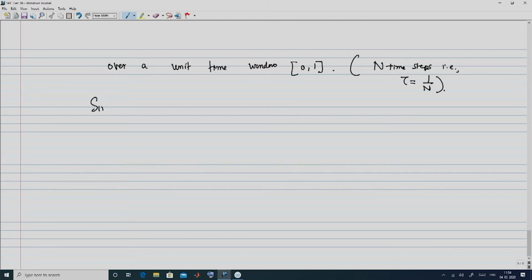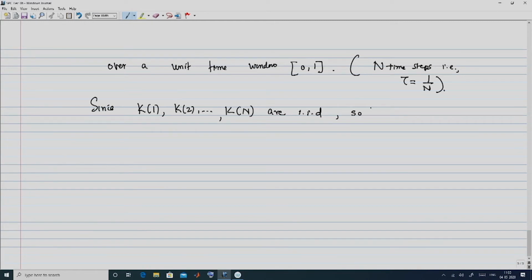Now, since your original returns K1, K2 all the way to capital N were IIDs because they were modeled through the binomial model, they are independent, because we assume that the change in the asset price between any two consecutive time steps is independent of each other, and they of course follow the identical binomial distribution.